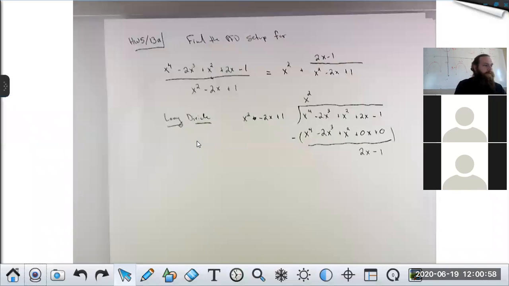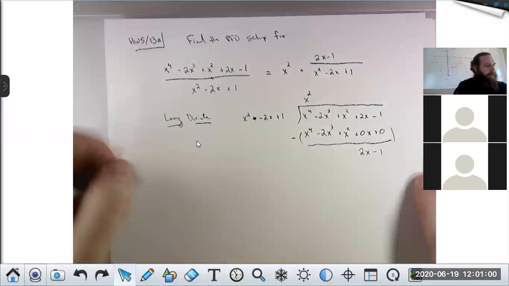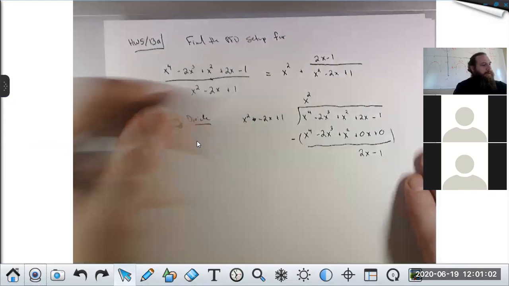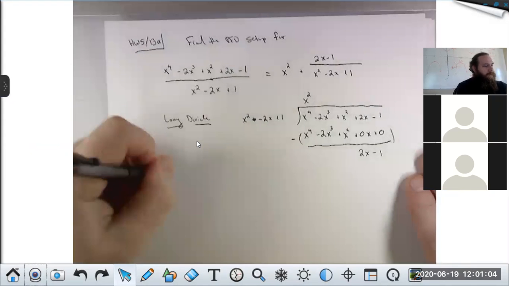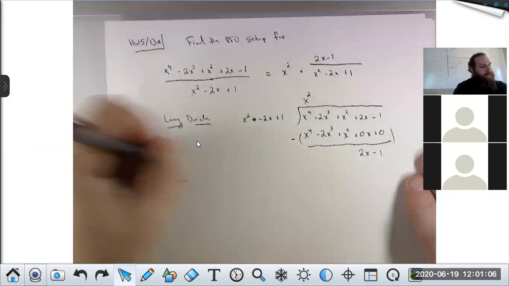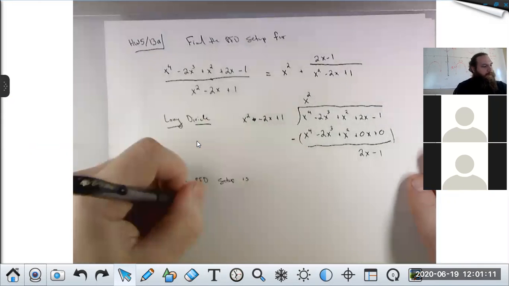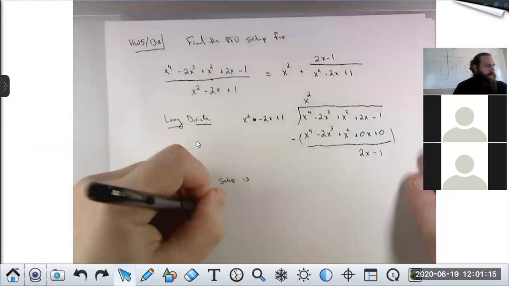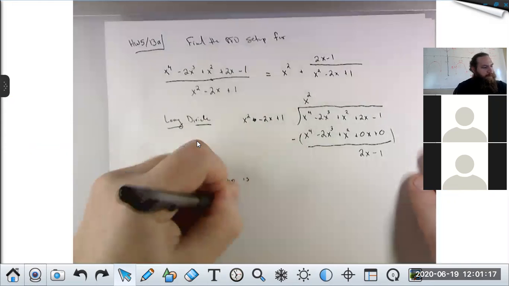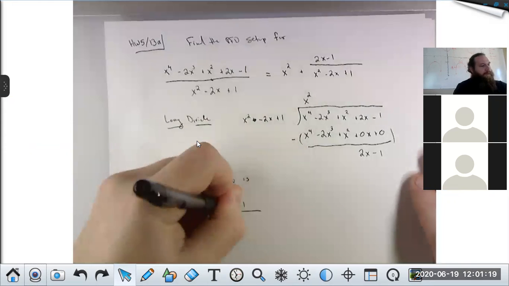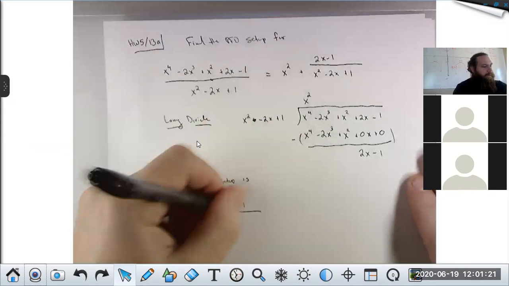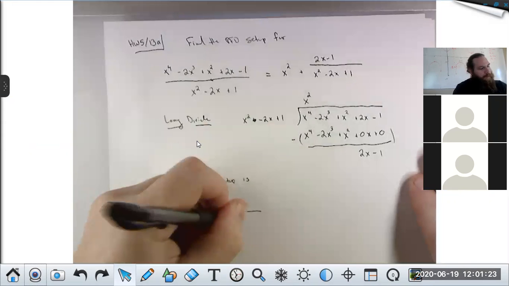In any case, to finish the problem, we need to factor that denominator. So the PFD setup is, I've got my x squared, and then this plus 2x minus 1 over that denominator. That denominator factors, though. That factors as x minus 1 quantity squared.